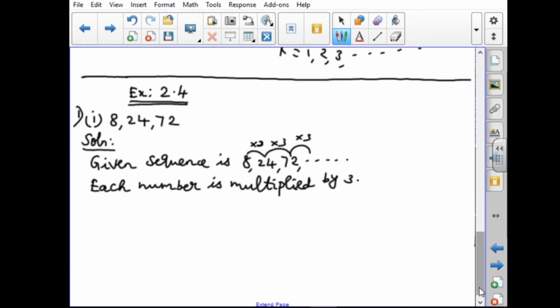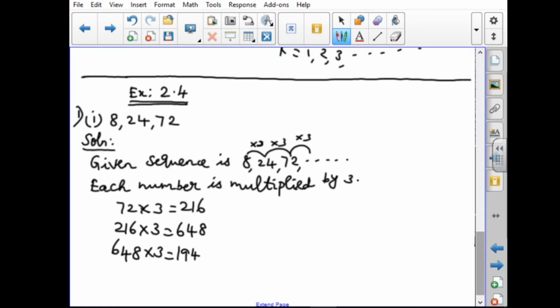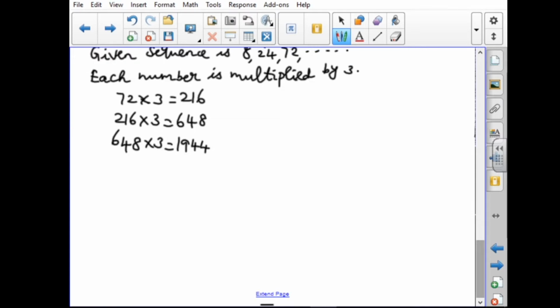So the last number is 72. 72 you have to multiply by 3, we get 216. Now 216 multiplied by 3, we get 648. 648 multiplied by 3, we get the number like this. The question asked to find the next 3 numbers only. They have given up to 72, and we are getting again 3 numbers.